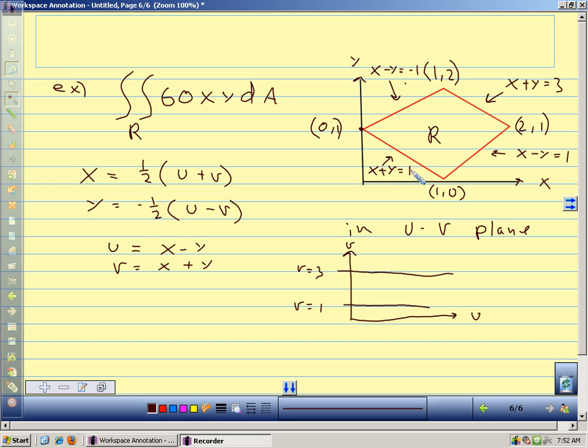And we said u is going to vary from minus 1 to 1. So here's u equals minus 1, and here's u equals 1. So this region is my region in the uv plane.